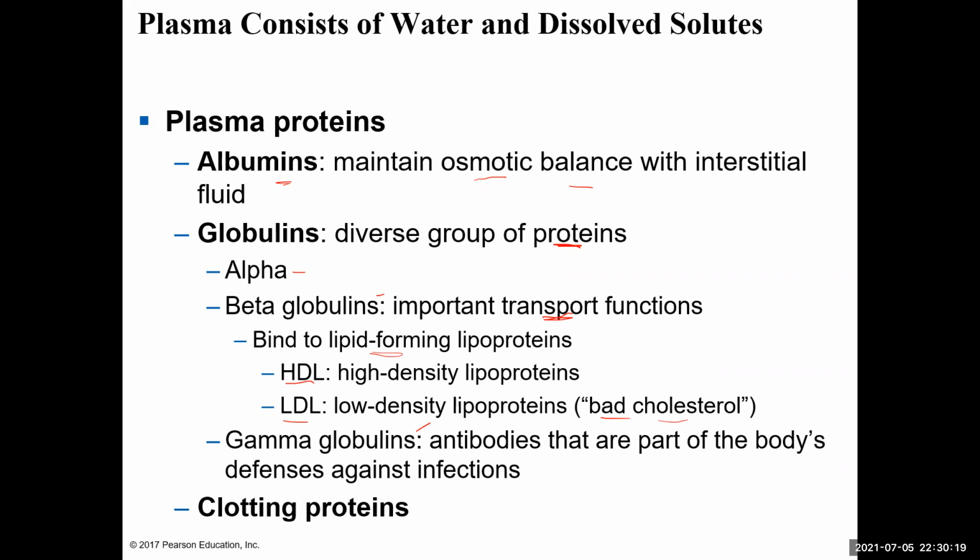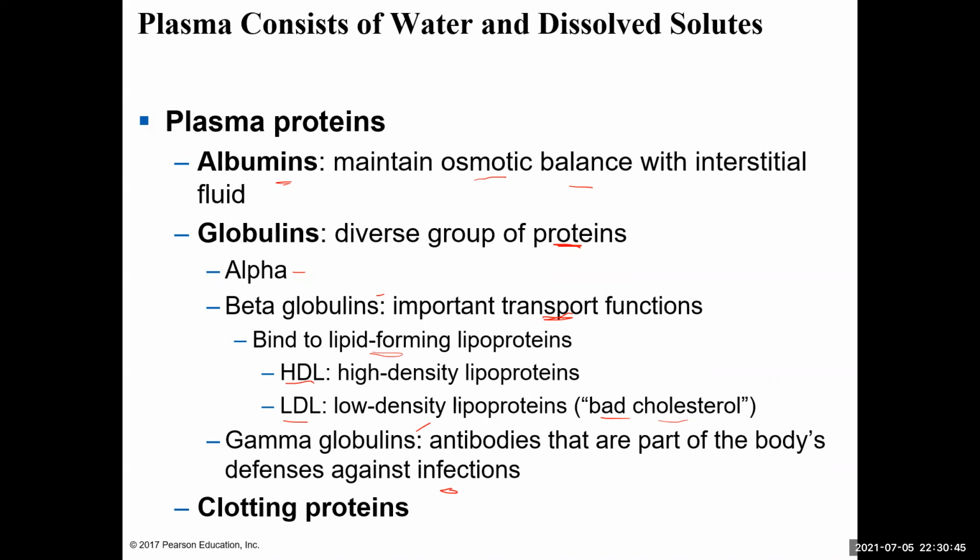This is the kind of protein that tends to cause the heart issues and circulatory system issues associated with bad levels of cholesterol. Now, gamma globulins are antibodies that are really important for fighting infections. We'll talk more about these globulins in a little bit.